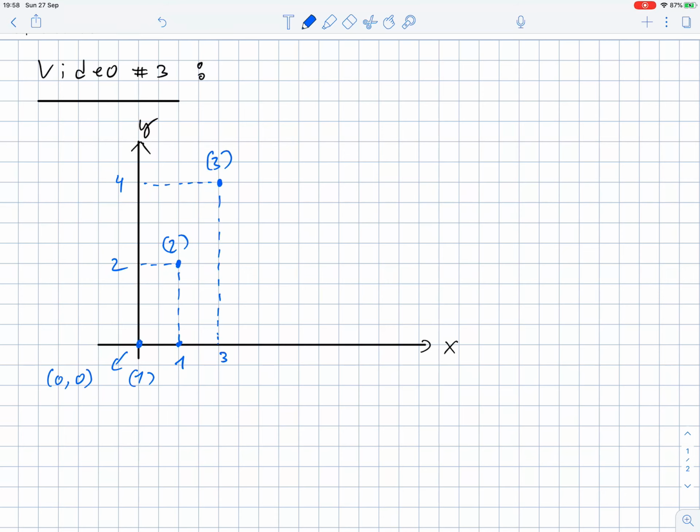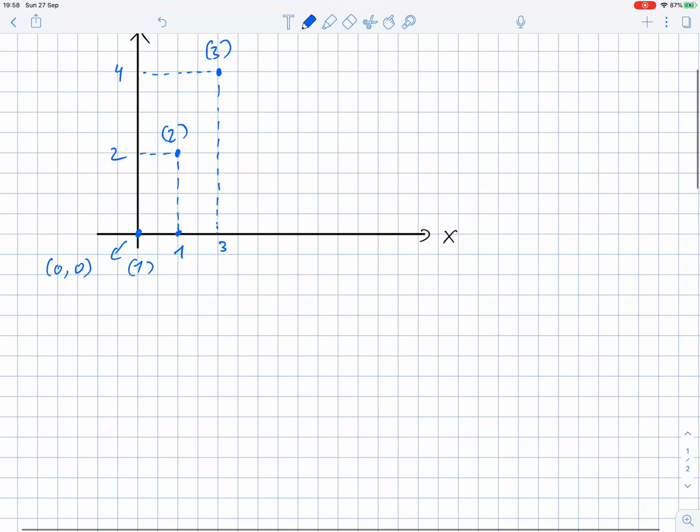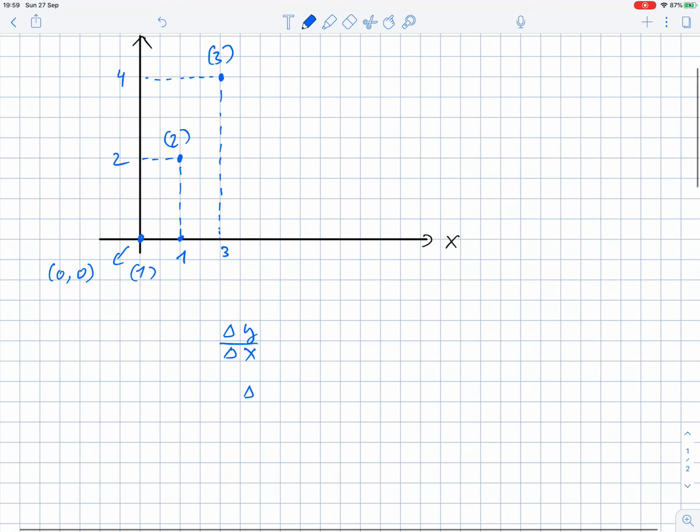What I want to do next is calculate the next ratio, delta y over delta x. Now, what is delta? Delta is the actual difference between the 2 points. Delta y is actually y2 minus y1. The same goes for x, delta x, x2 minus x1.